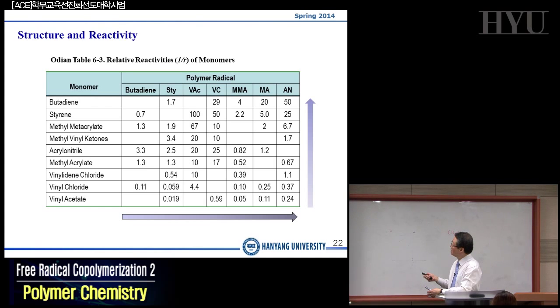But from right to left, in other words, if the radical has a conjugated structure or a resonance stabilization, then the reactivity goes down. Reactivity increases inversely, from left to right rather than right to left. Right?